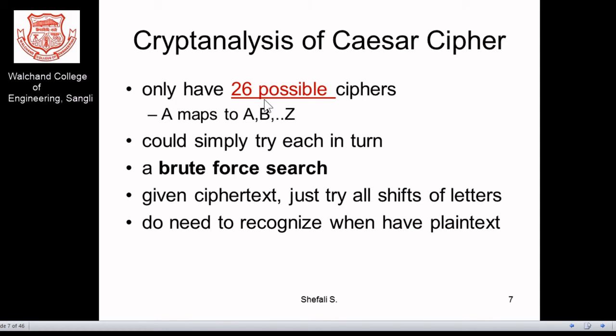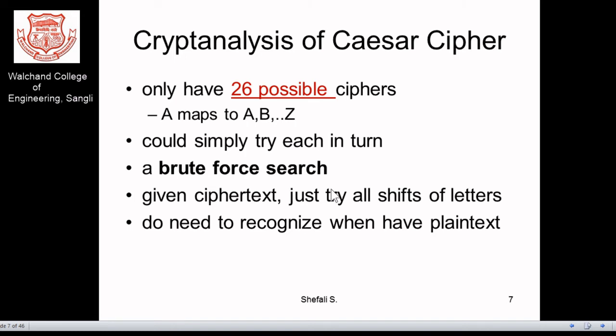So you have a total of 26 different possible options for your key itself, and that's why we can say that the key space for the Caesar cipher is 26. If you go for a brute force search, you can try each and every key in turn, and wherever you find some resemblance of your plaintext.